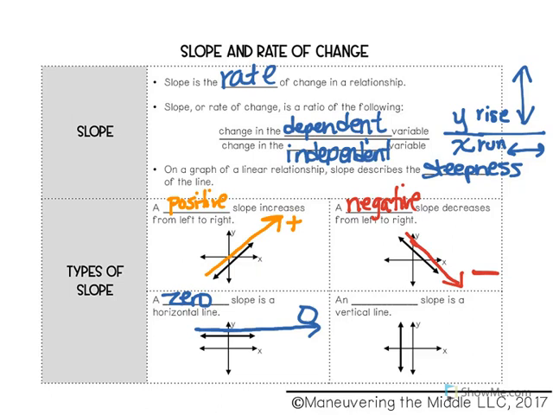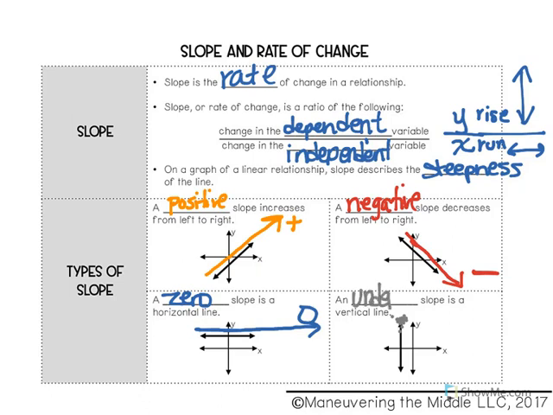If I have an up and down line, I'm supposed to go left to right, but I can't go left and right. This line will not let me go left and right. It only goes up and down. That's impossible. So that means it's undefined.